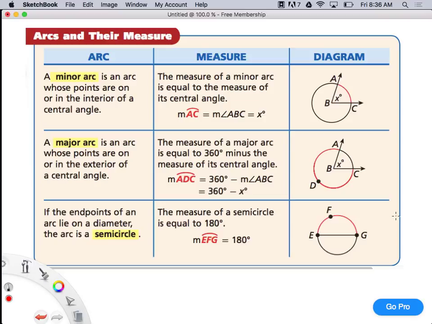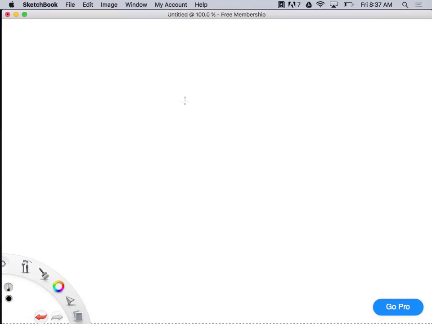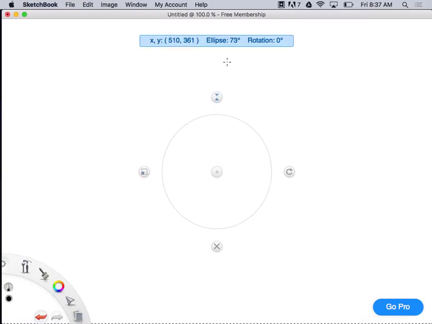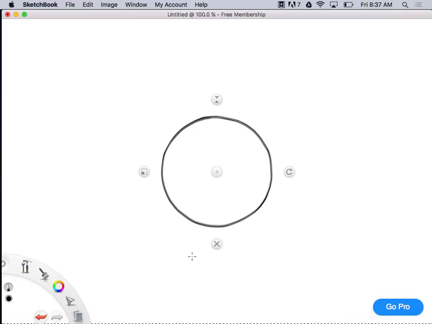So look, an arc is measured in degrees. Now let me ask you something, guys. If I have a circle, a regular old circle, and I go all the way around it, what do you think the measure of that arc would be? 360.